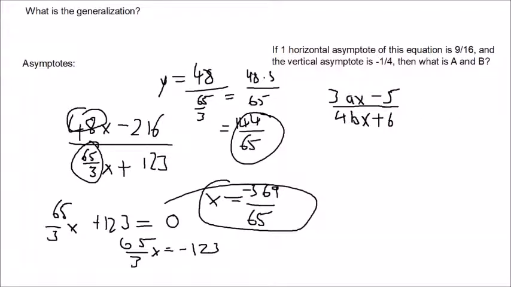Now this is a little hard. The vertical asymptote is negative 1/4, first of all. So this bottom function, this is b by the way, we can actually use to try to figure out what negative 1/4 is. So 4bx plus 6 equals negative 1/4.